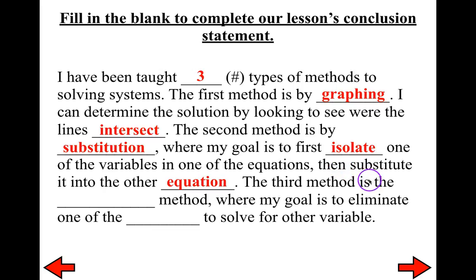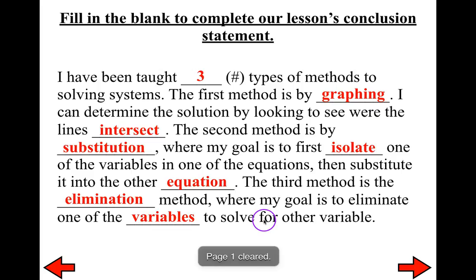The third method is the elimination method, where my goal is to eliminate one of the variables to solve for the other variable. So hopefully you remember that there's more than just one method. I know we're currently working on elimination, but we've learned how to use substitution to solve for systems as well as graphing. So that's going to conclude our lesson for today.